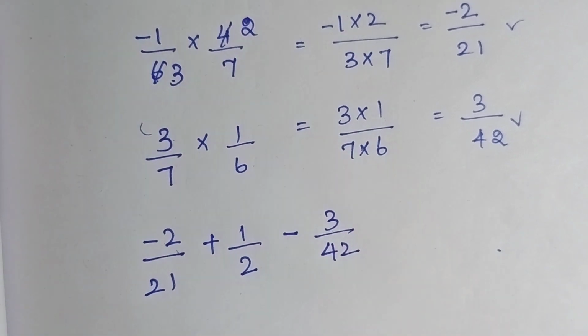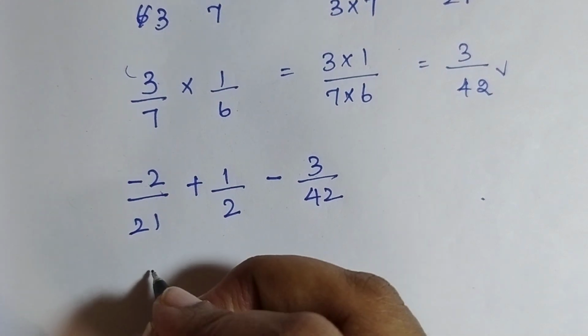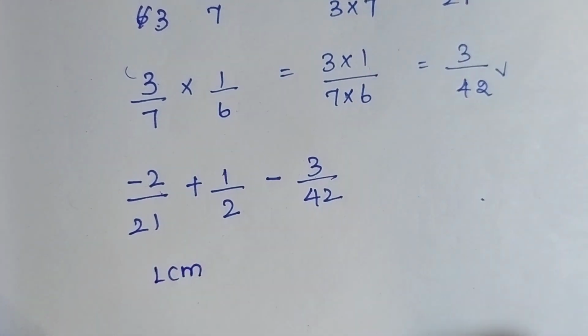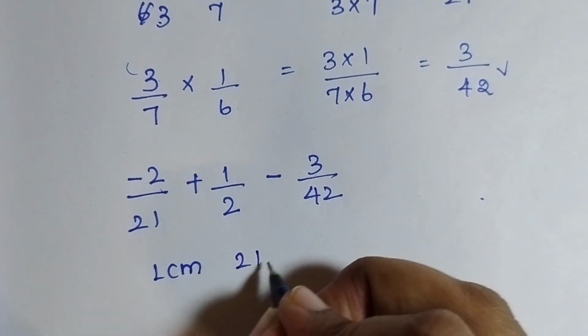If the simplification has only plus and minus, the denominators must be equal. Here they are not, so in order to make the denominators equal, I am going to find the LCM of 21, 2 and 42.